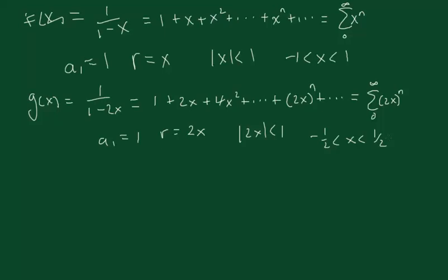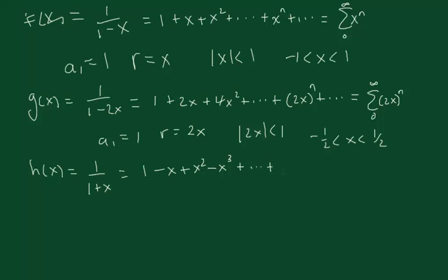So these go on and on and on. I'll do a couple more here. So h of x equals 1 over 1 plus x. The difference here is that we will have an alternating series. So the first term is 1, the second term is -x, plus x squared minus x to the third plus dot dot dot plus.